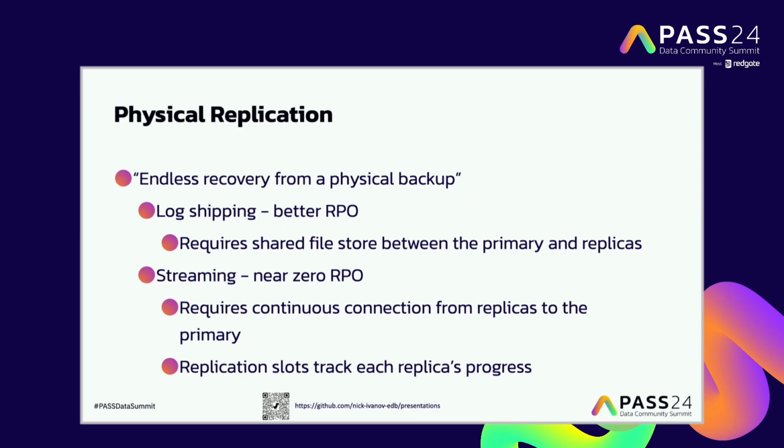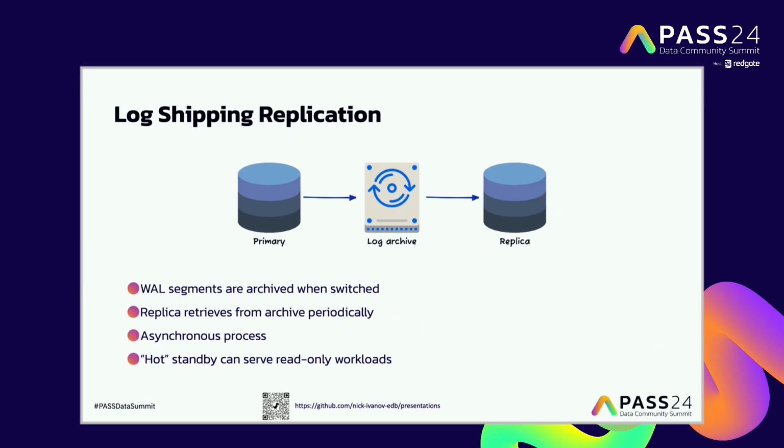One is this traditional log shipping. The other one is streaming replication. So with log shipping, you have an intermediary system between your primary and the replica that stores your WAL archive files. So the primary sends the WAL files to the archive when they are rotated, and the replica periodically connects to the shared storage and retrieves those files and applies them locally. So in this case, your RPO depends on the frequency of your log archiving.